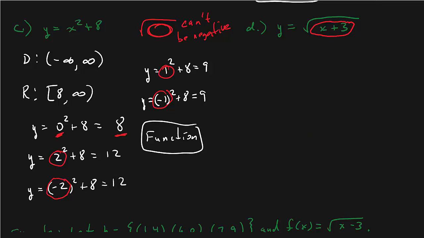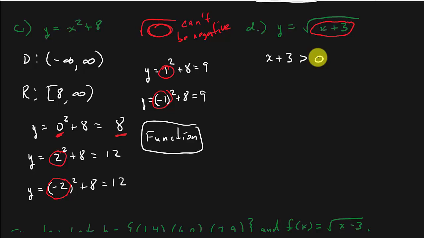So you agree, hopefully, that what's underneath the square root cannot be negative. So that means this x plus 3 underneath the square root has to be larger than 0, because any number larger than 0 is positive.